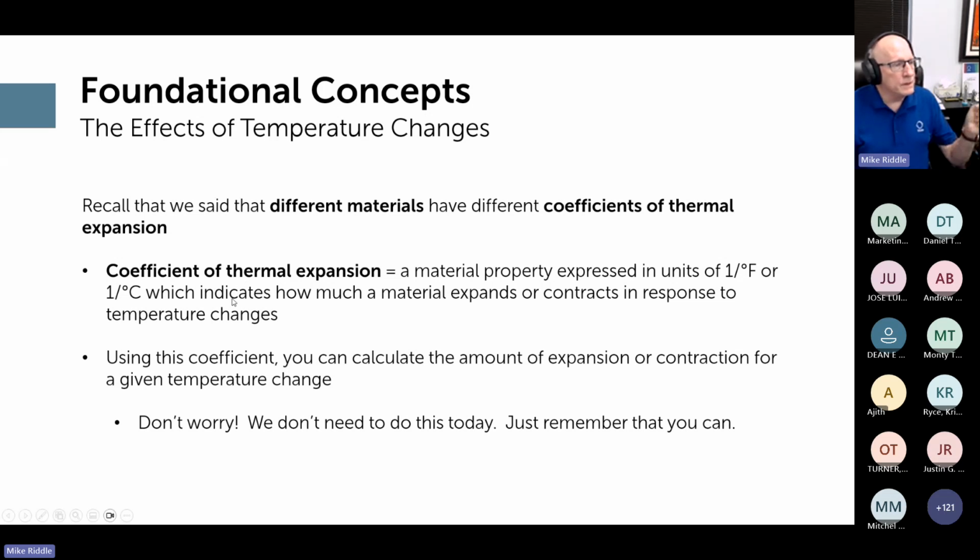And this coefficient indicates how much a material expands or contracts in response to temperature changes. So using this coefficient, you can actually calculate the amount of expansion or contraction for a given temperature change in a cable. Now, we're not going to actually do this today. You just need to remember that you could do it if you needed to or wanted to.